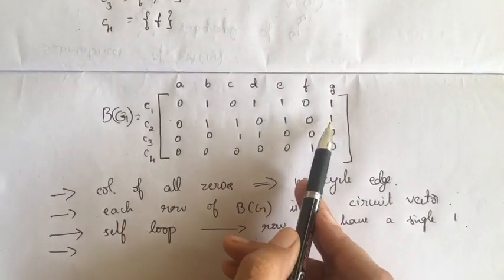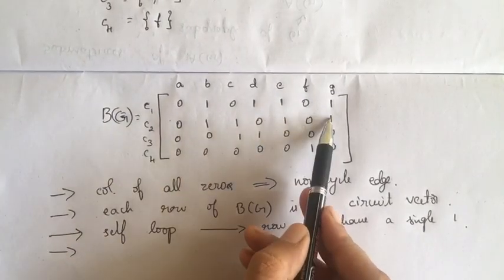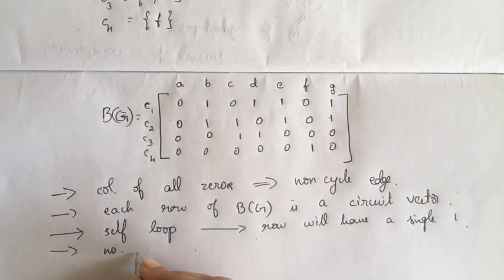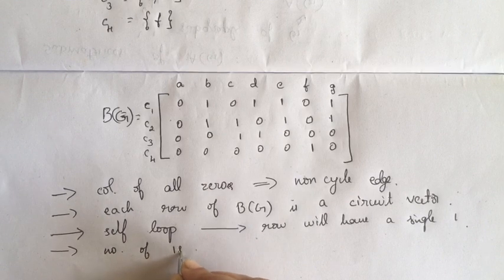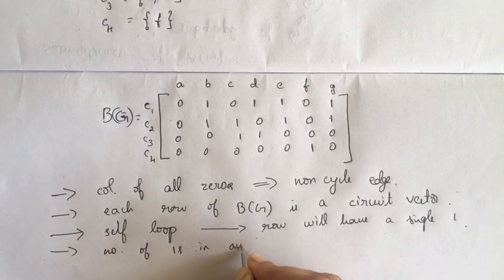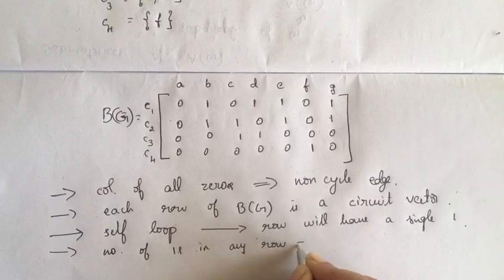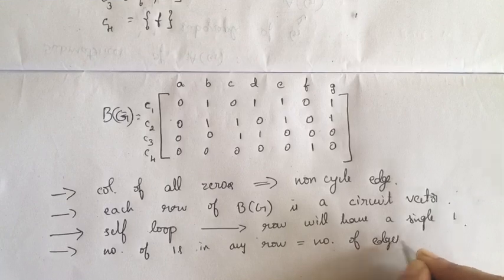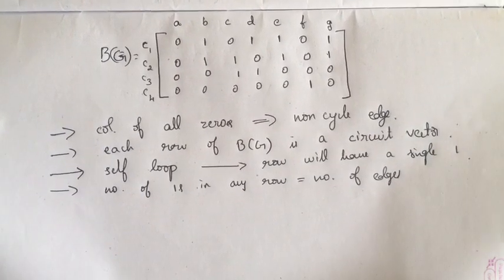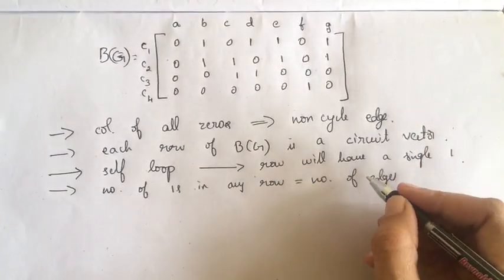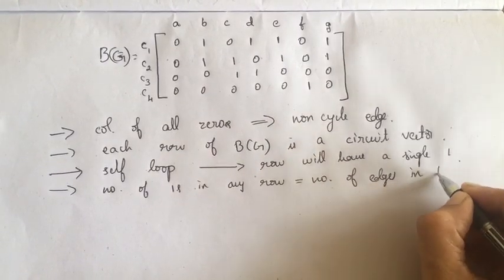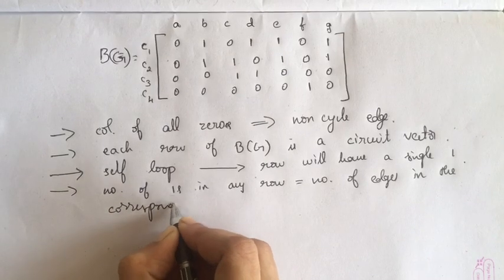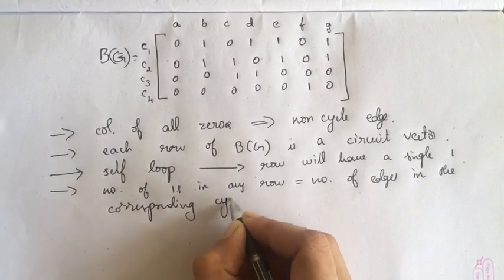Number of ones in any row is nothing but the number of edges in the corresponding cycle or circuit.